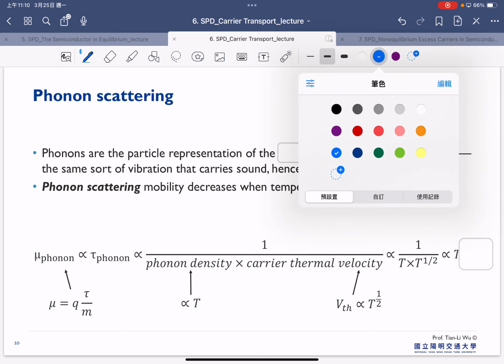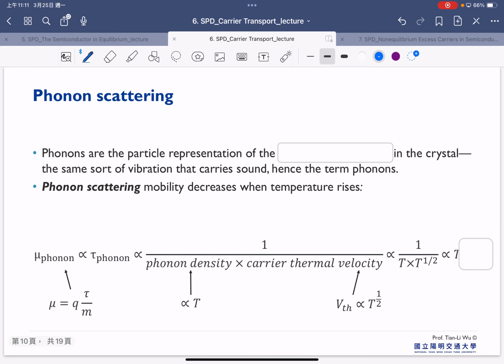It is the vibration of atoms in the crystal, the sort of vibration that carries sound. So that's why we call this a phonon, 声子.